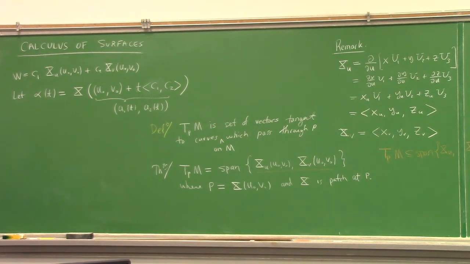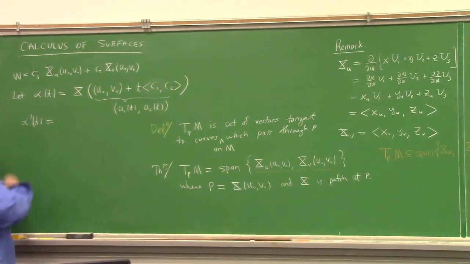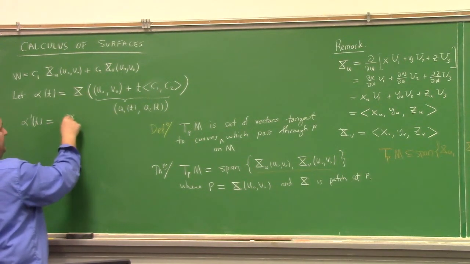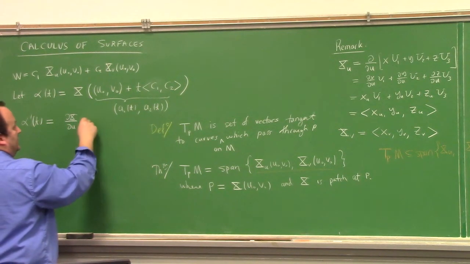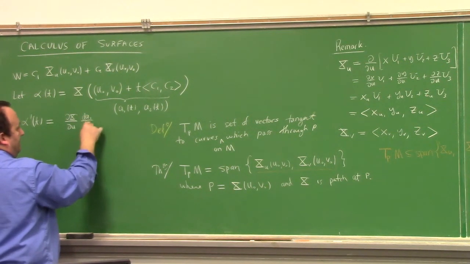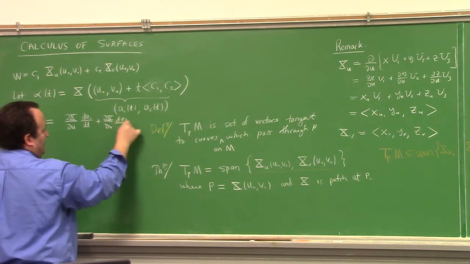And then we've actually already done the calculation in the previous derivation that shows that alpha prime of t is what? It's basically partial x partial u times dA1/dt, plus partial x partial v times dA2/dt, suppressing some notation here.